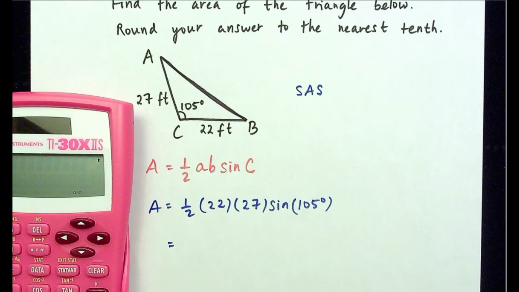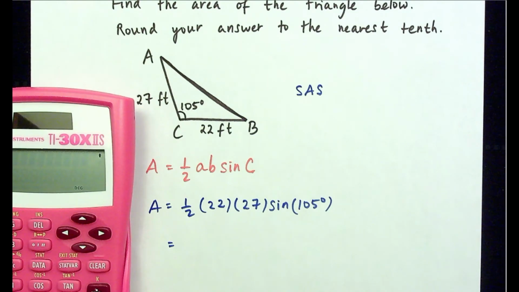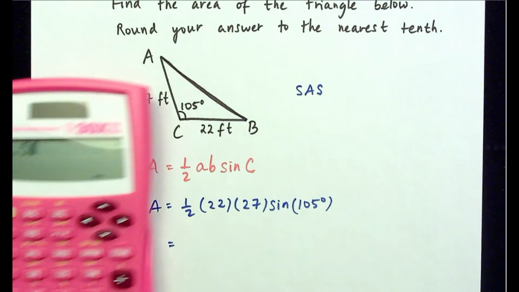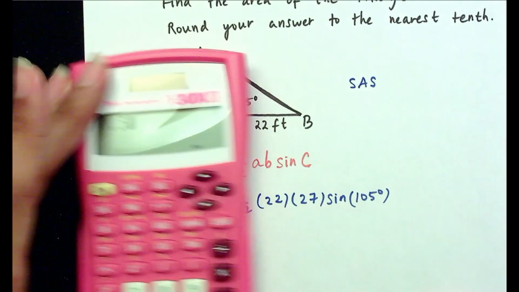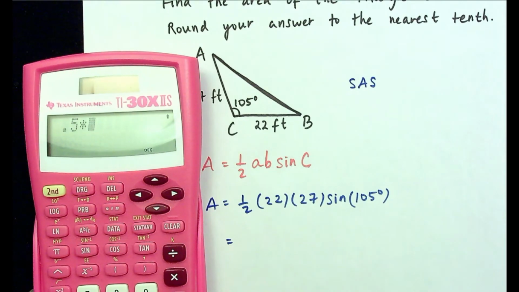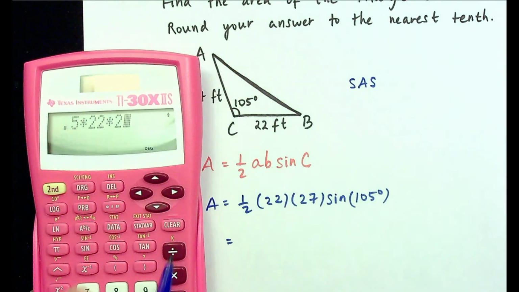Okay, 1/2, I'm just gonna enter it as 0.5 because that's easier. Then times 22 times 27 times sine of 105.